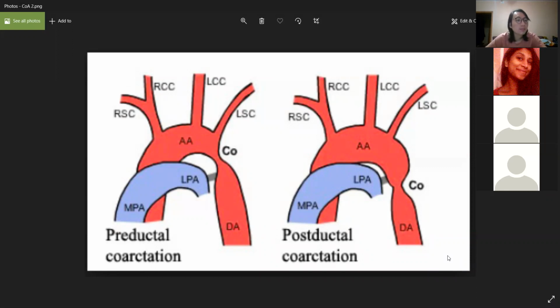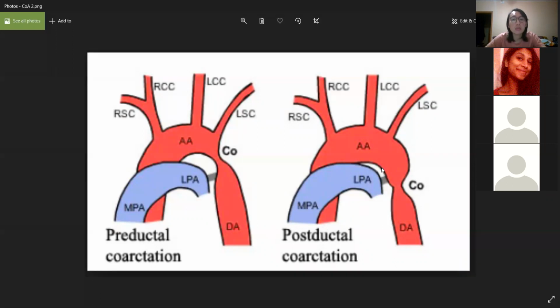Oh, another thing: why is the blood flowing normally in postductal coarctation? It's because your patent ductus arteriosus is no longer present, right? So blood flows now mainly through the aorta.